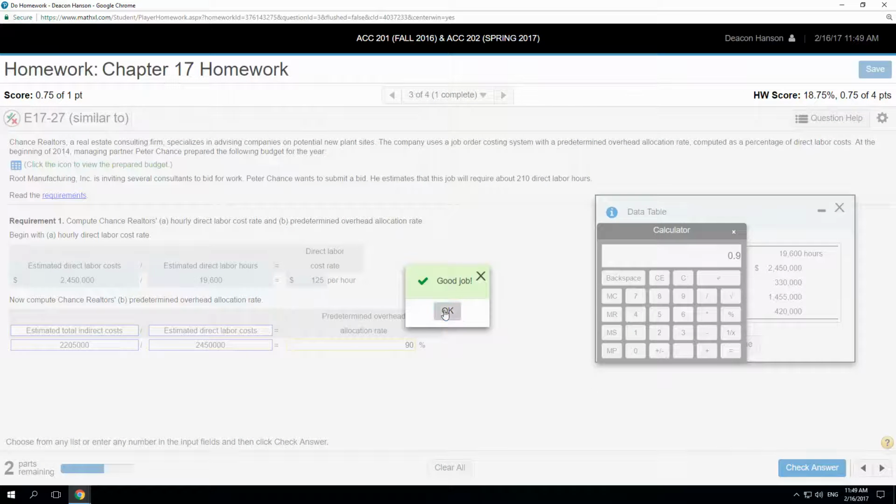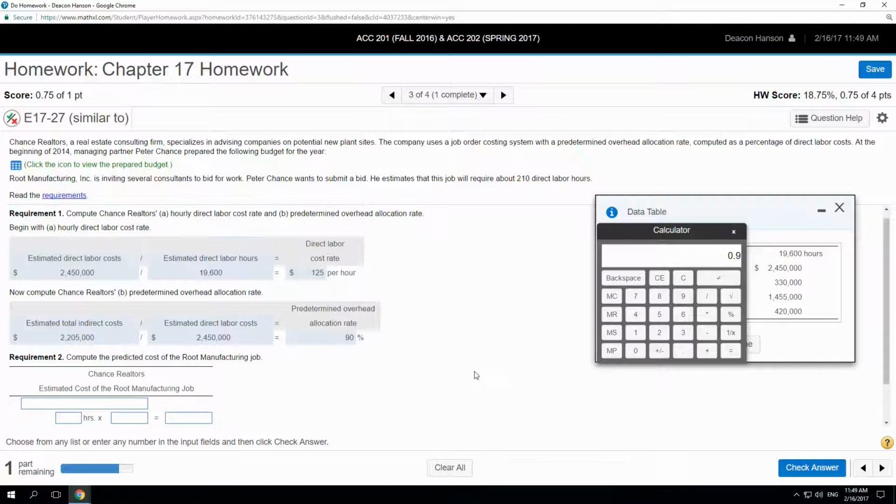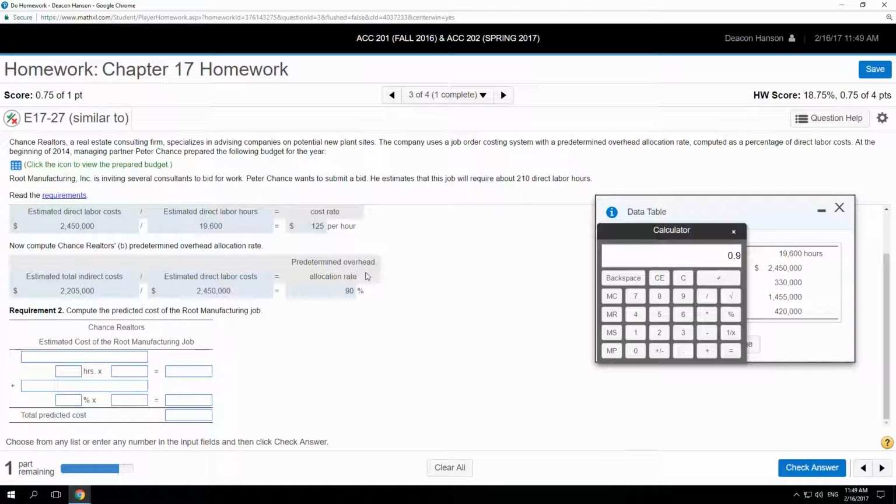So now we have our rate. Okay, so we got the direct labor cost rate, and then we have the predetermined overhead rate. And to give you a little more definition on that, like I was saying, that's an estimate of what each job is going to get as far as the overhead. Because remember, the overhead pertains to several different jobs.